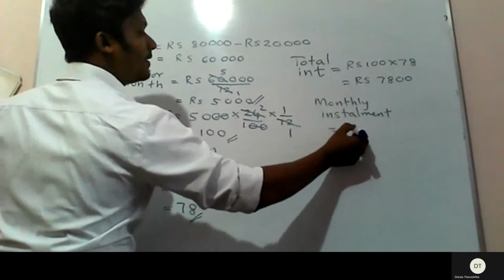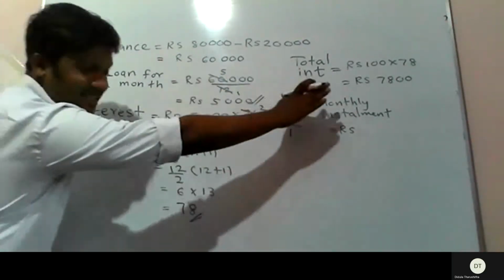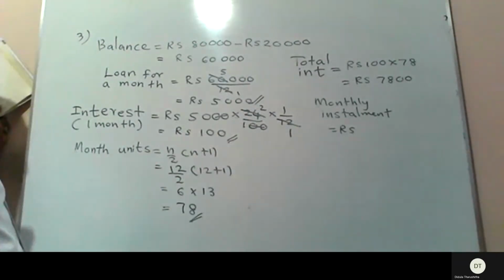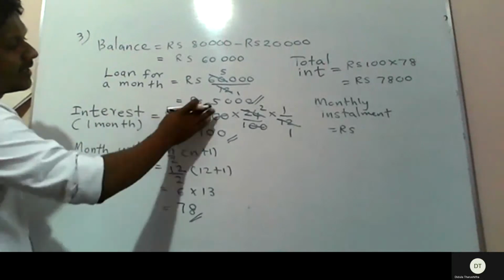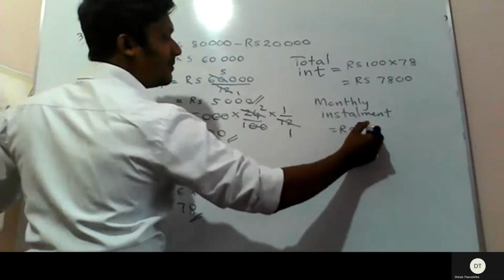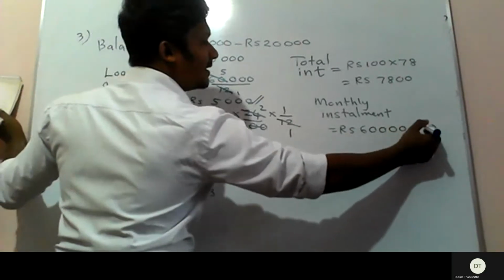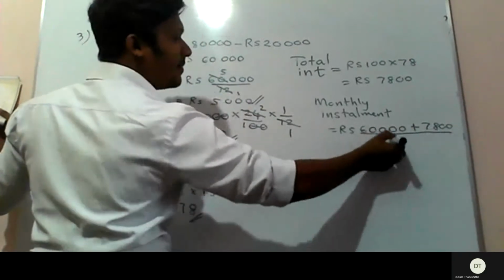The monthly installment is rupees, and this is the loan 60,000 plus this interest divided by 12 months, right? Rupees 5,000, no? 60,000 plus 7,800 divided by 12.